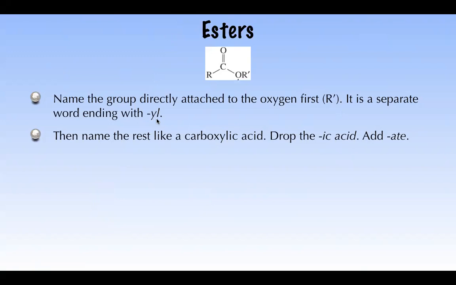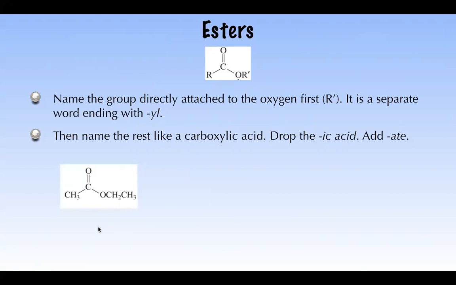Then you name the rest like it's a carboxylic acid. You drop -ic acid and add -ate. Notice we're not adding the word ester. All I can tell you is esters are used for flavors. You ate the esters. That's the only way I can tell you to remember it.